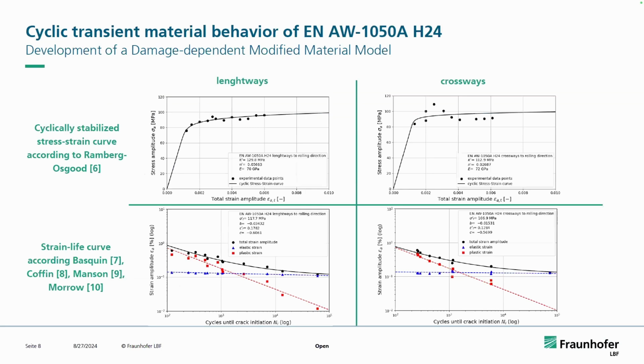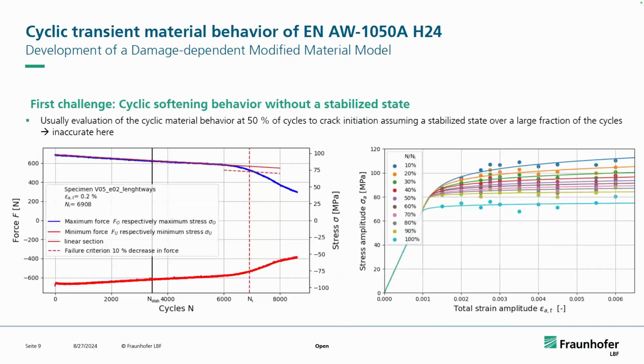And here you can see the first few results. As you can see, judging from the cyclically stabilized Ramberg-Osgood curve and also the strain life curve according to Basquin, Coffin, Manson, Morrow, there's nothing too exciting going on except the crossways extracted specimens' Ramberg-Osgood curve. I'll talk about that in a moment, but still there are essentially three challenges with the material.